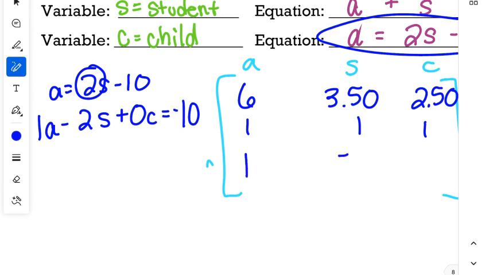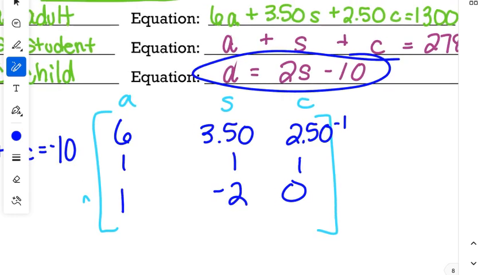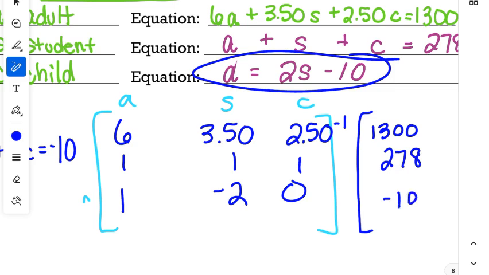So we have the equation, put it in the matrix: 1, negative 2, 0. We do the inverse of that first matrix, and then we put our constants on the other side, or inside the second matrix. And that'll make it where we can solve for children, students, and adults.